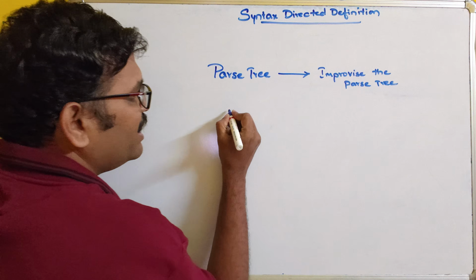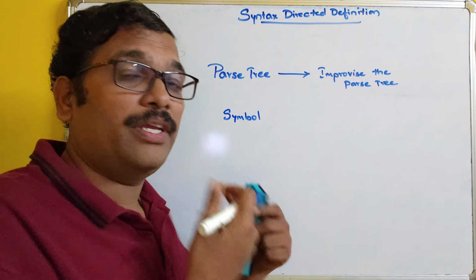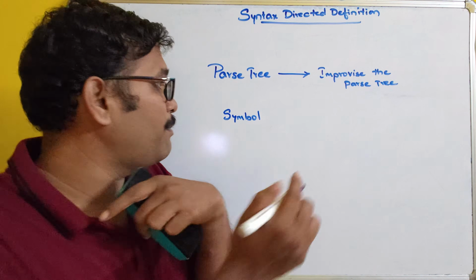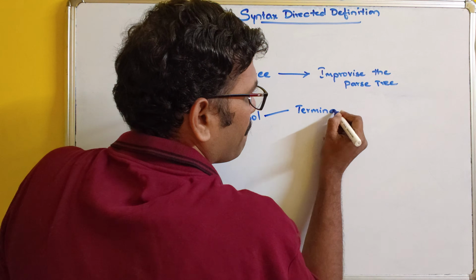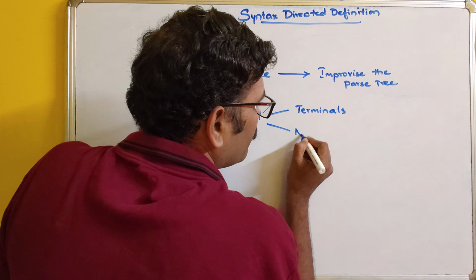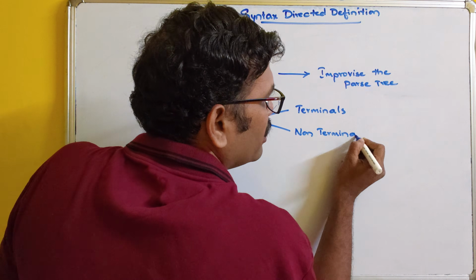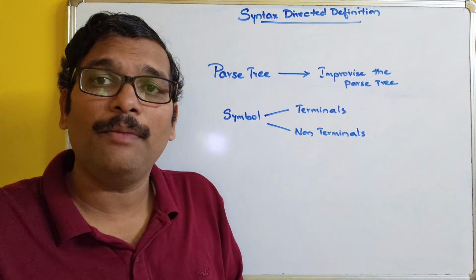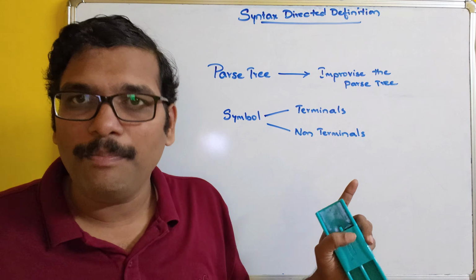For every symbol, here we are supposed to discuss two types of symbols: terminals and non-terminals. We have seen that non-terminals can be expanded and terminals can't be expanded.